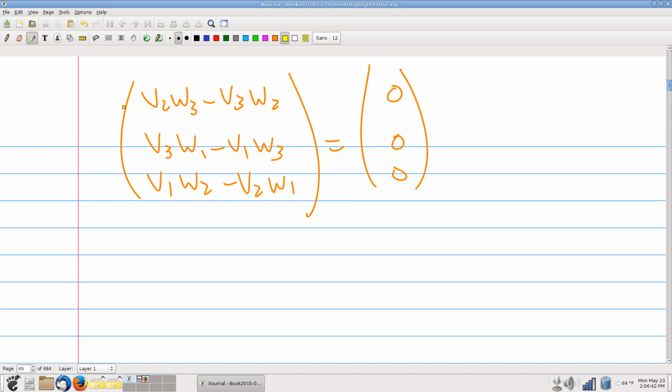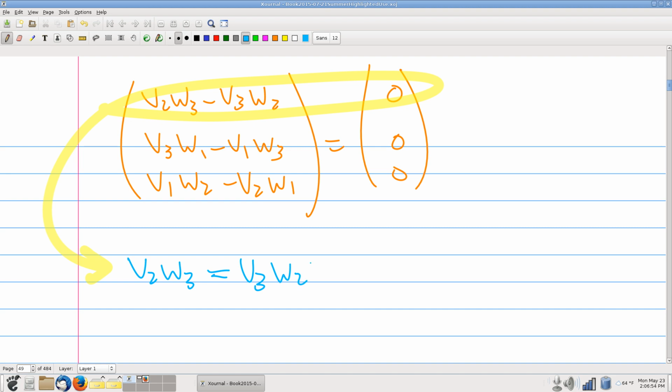Let's take these one at a time. This statement I could interpret as v2w3 equals v3w2, or furthermore as saying that v2 over v3 equals w2 over w3.